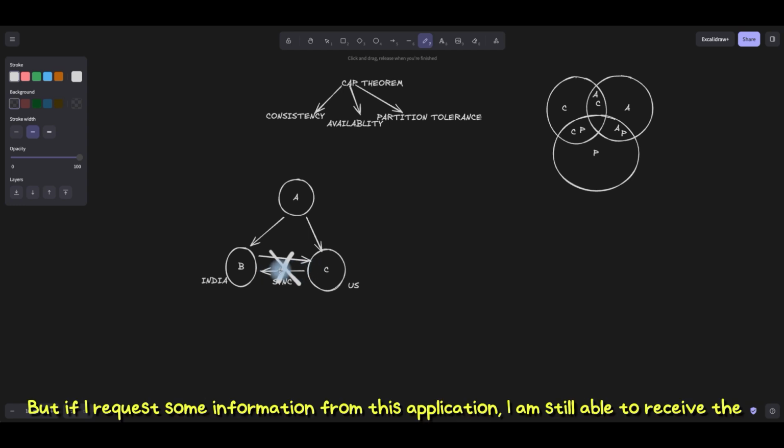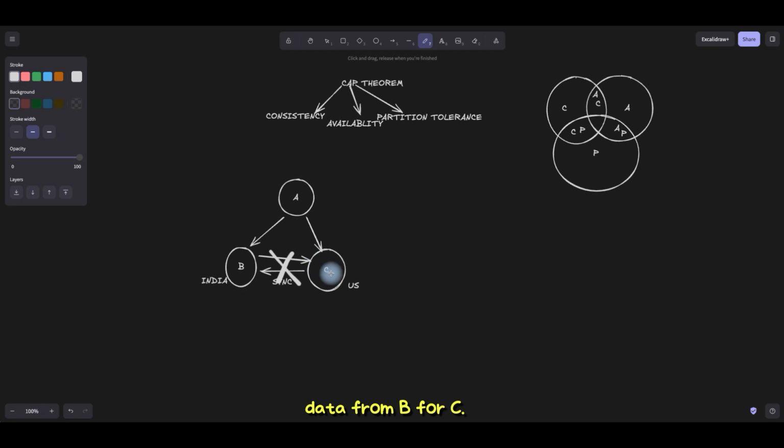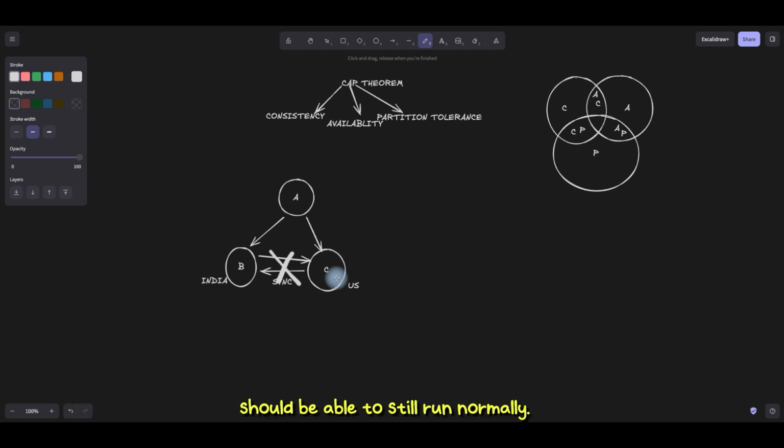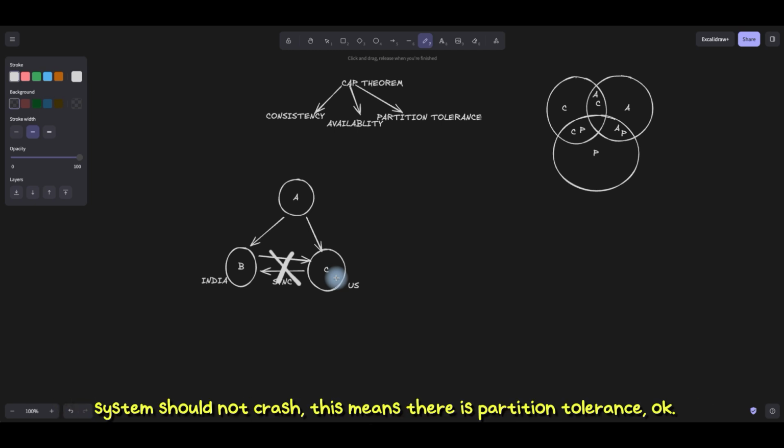But if I request some information from this application, I am still able to receive the data from B or C. Which means even if there is a connection breakage between two DB nodes, the application should still be able to run normally. The system should not crash. This means there is partition tolerance.